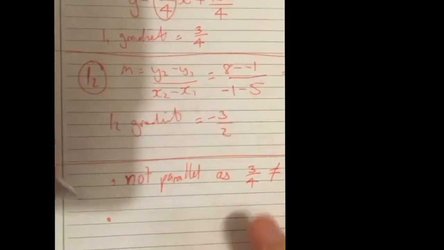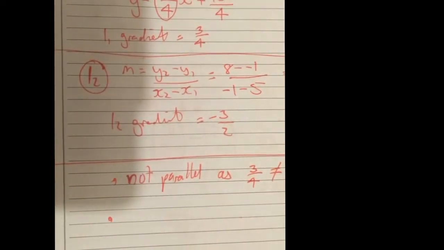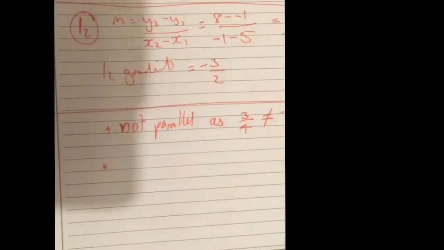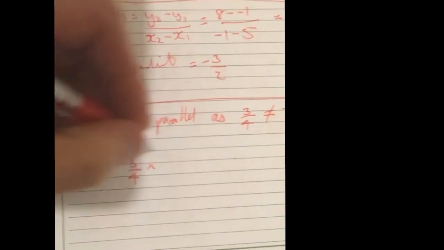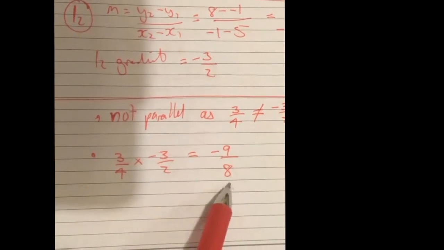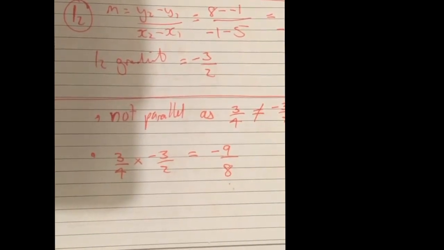Cool. Perpendicular. The best way to check if gradients are perpendicular is to times them together and see if they equal minus 1. So 3 over 4 times minus 3 over 2 gives us minus 9 over 8, which is not quite minus 1.